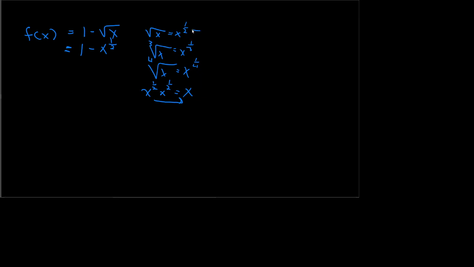But with these fractional roots, if the denominator is even, x cannot be less than 0, because that'll give imaginary numbers. So my domain is limited. I can start with 0, and I can go up to positive infinity, but I can't do anything else.